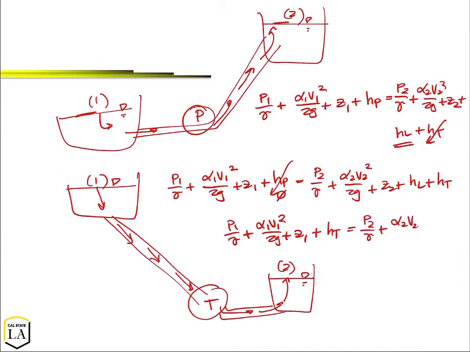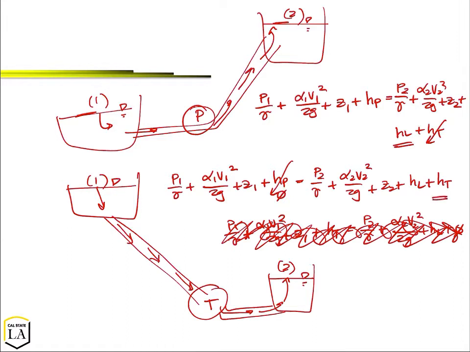You're hitting the turbine from one side first, so wouldn't you write it this way? No, never write it that way. The turbine is always going to be on the right-hand side of the equation, always. The pump is always going to be on the left-hand side of the equation, always. And we always write our equations in direction of flow.